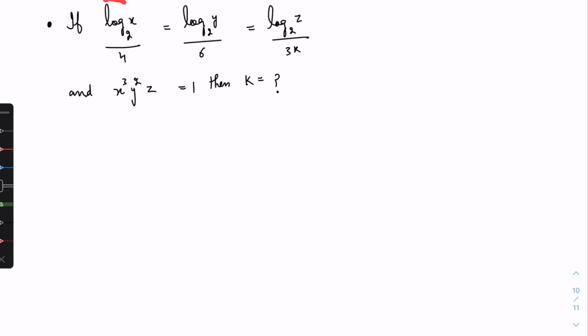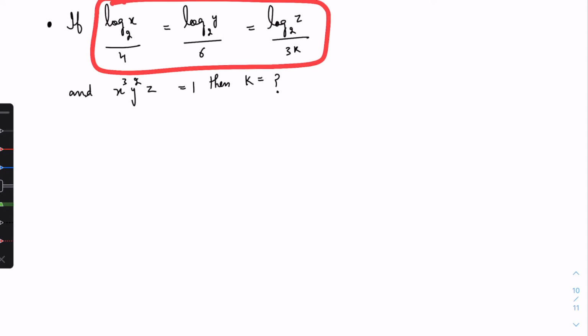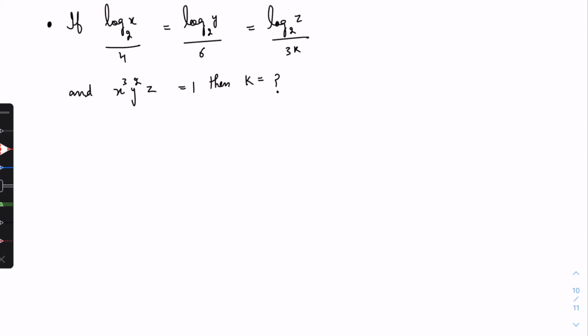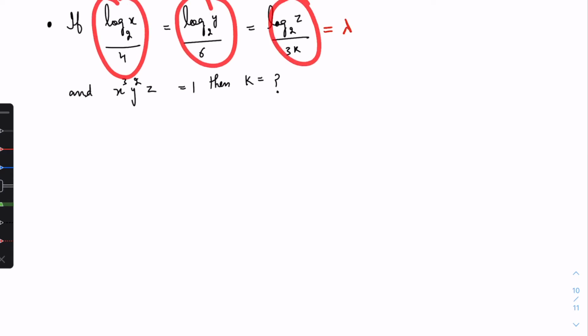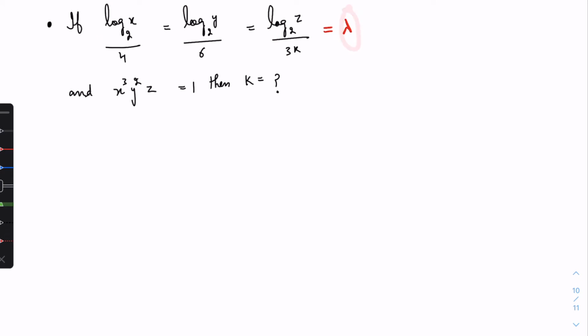Since these ratios are equal, let's equate them to some lambda. So let's call this ratio lambda, so that we get three separate equations. One is when I equate this with lambda.